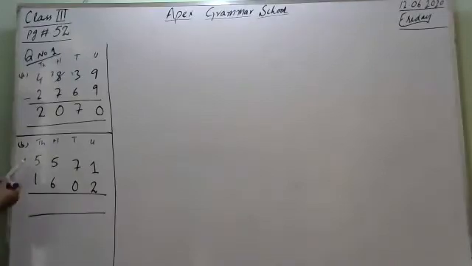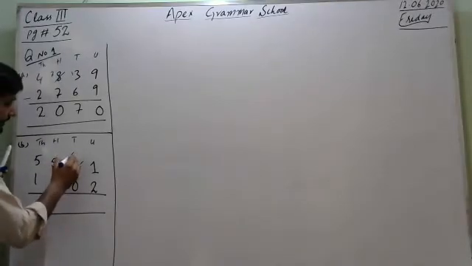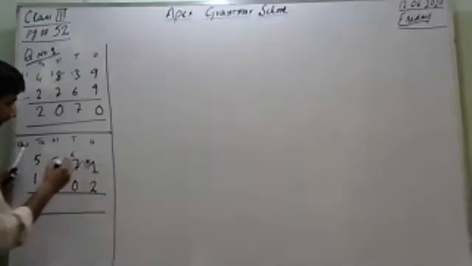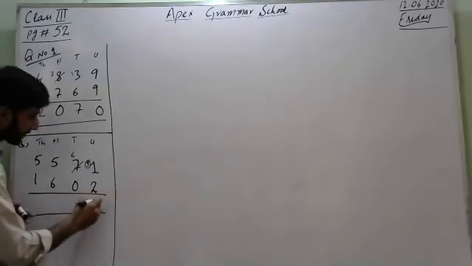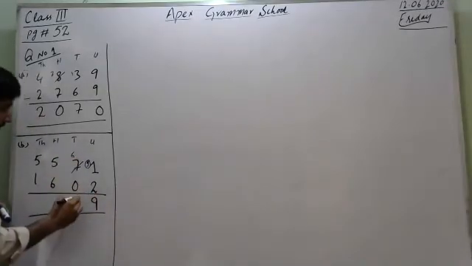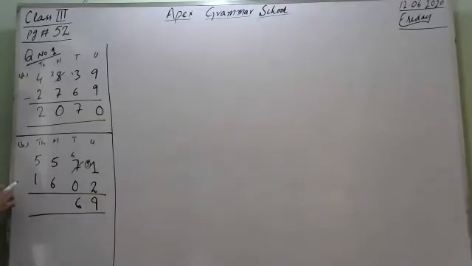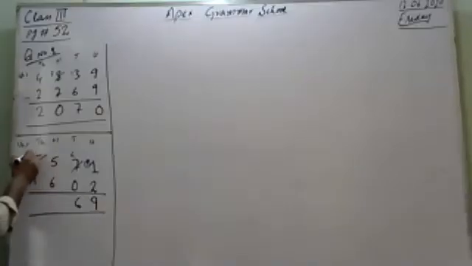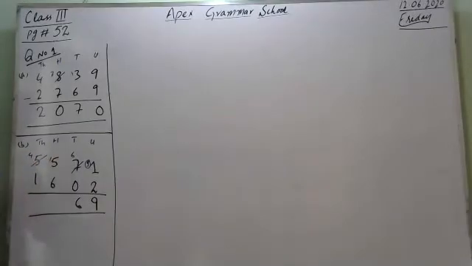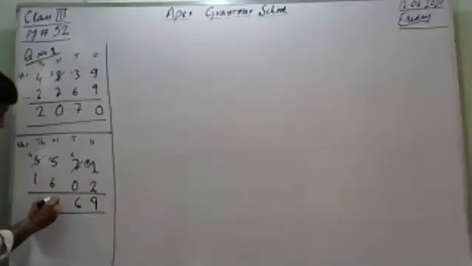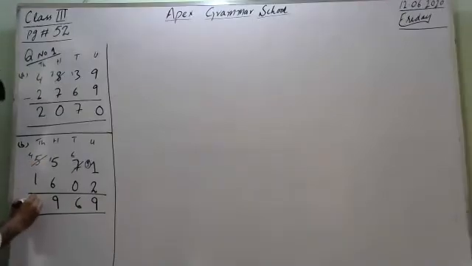So we will take carry from 7. 7 becomes 6 and 1 becomes 11. 11 minus 2 is 9. 6 minus 0 is 6. Once again, 5 is smaller and 6 is greater. So we take carry from 5. 15 minus 6, 9. And 4 minus 1 is 3.